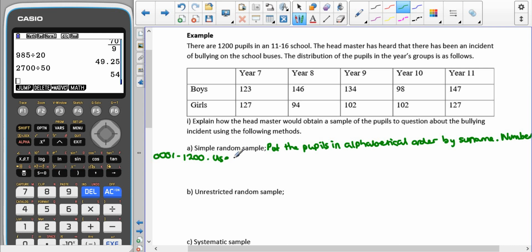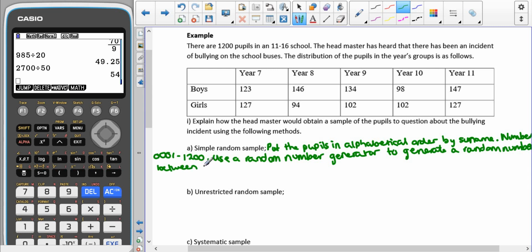Then we're going to use a random number generator to generate a random number between 0001 and 1200.